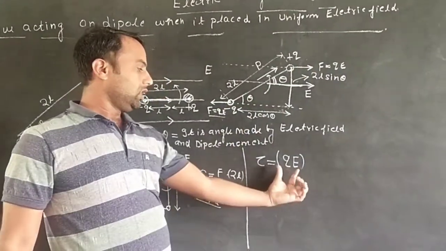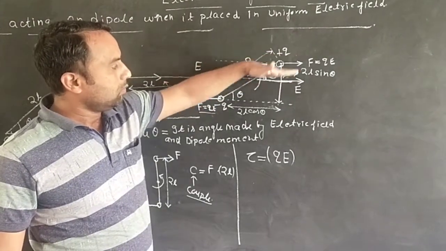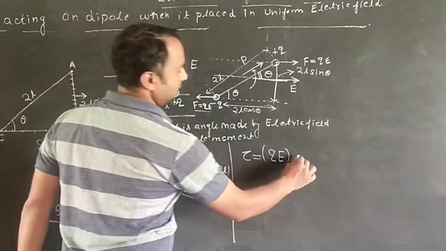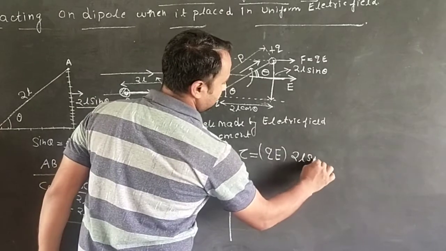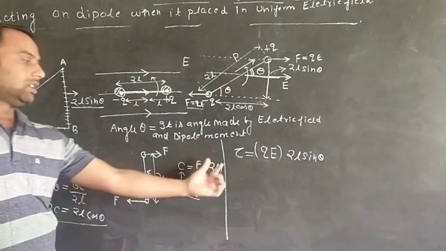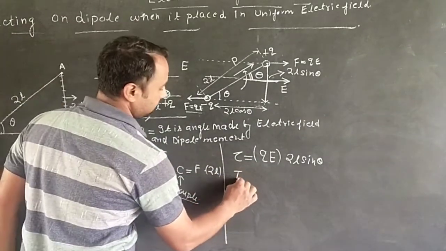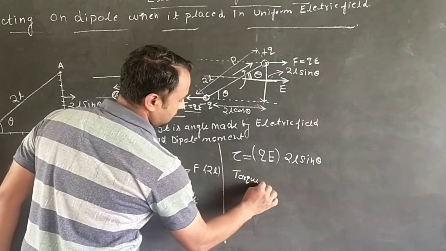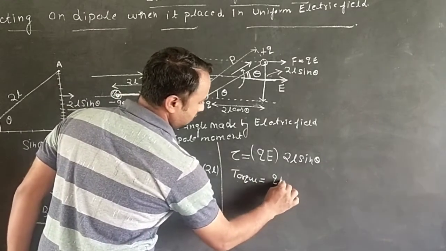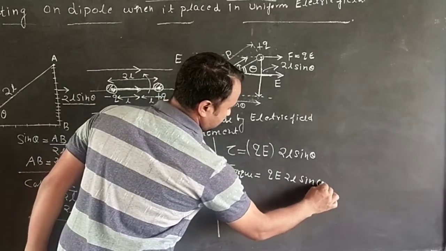This means the magnitude of the force is QE and the distance between the two parallel forces is 2L sin theta. And this couple is also the same as the torque acting on the dipole, and this is the torque. Torque is equal to QE into 2L into sin theta.